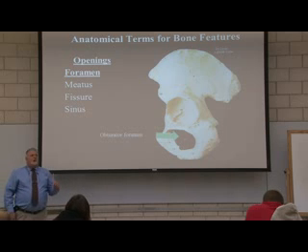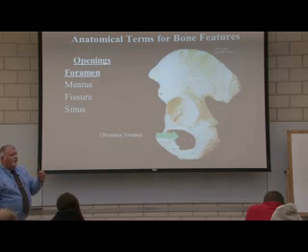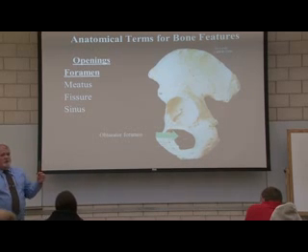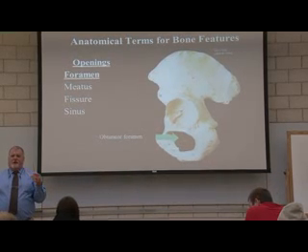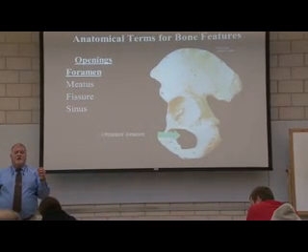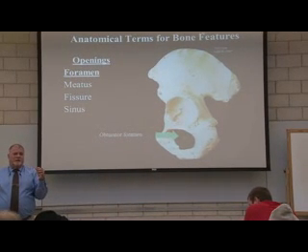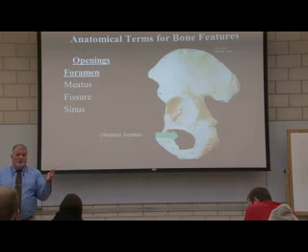So yesterday we began to work on the names of openings. And so the one we saw frequently in the skull was the word foramen. And so anytime you see the word foramen, it just means a hole in the bone. Right? So what we're going to see as we go forward is that there's some differences in the way in which Latin and Greek change words from singular to plural.